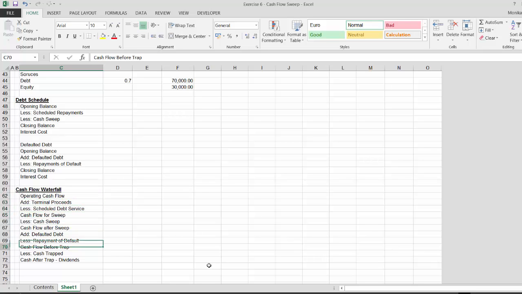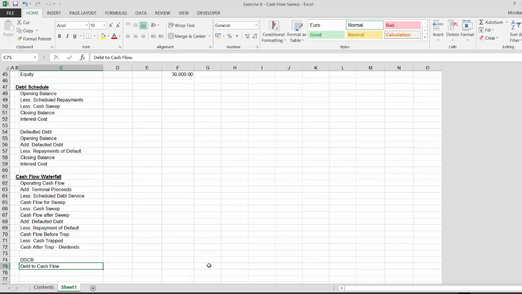And we need a couple of ratios, DSCR, and why don't we put the debt to cash flow, and then below the debt to cash flow, why don't we put a match, and we can put cash sweep percentage.